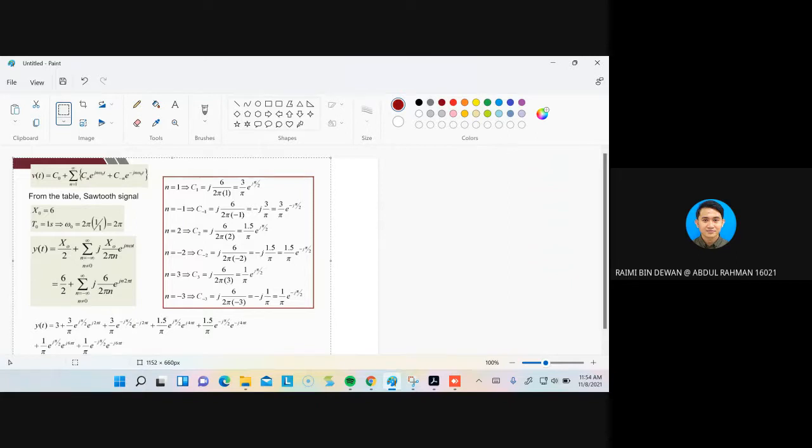So first, make sure this one is until the third harmonic. And then you see, your C1 is in terms of j, and the same for all the others, because the table provides Cn with j. So you see, this is how they convert it.